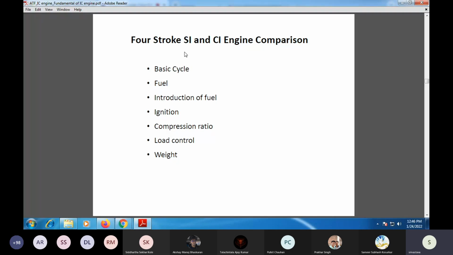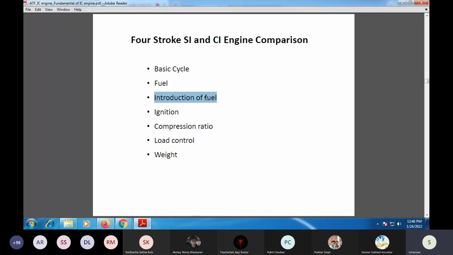So based on the fuel, we can differentiate the SI and CI engine. One of your friends has explained very nicely about the induction of the fuel. In SI engine, the fuel induction is taking place into the intake manifold, while in the CI engine, the fuel is injected directly inside the combustion chamber.